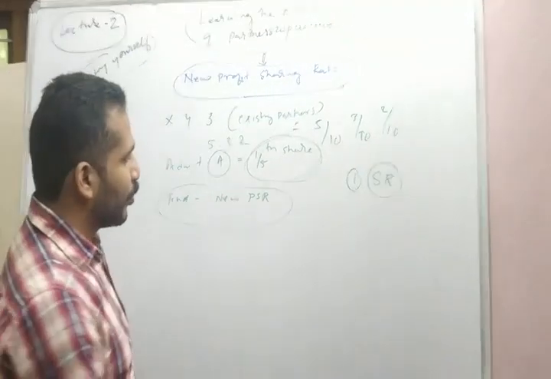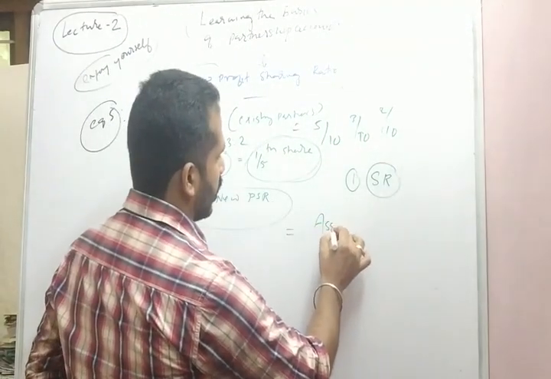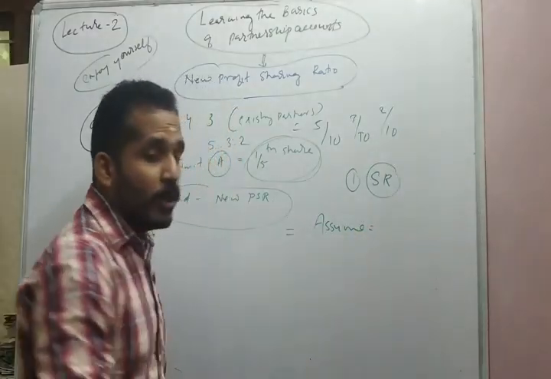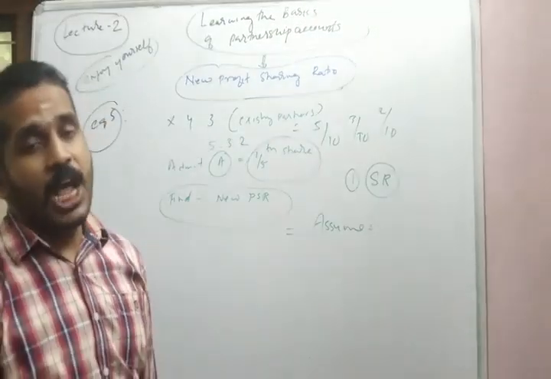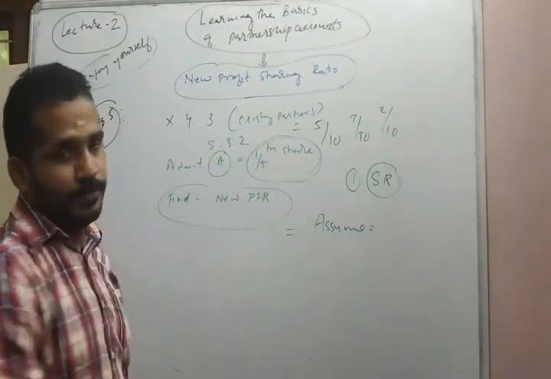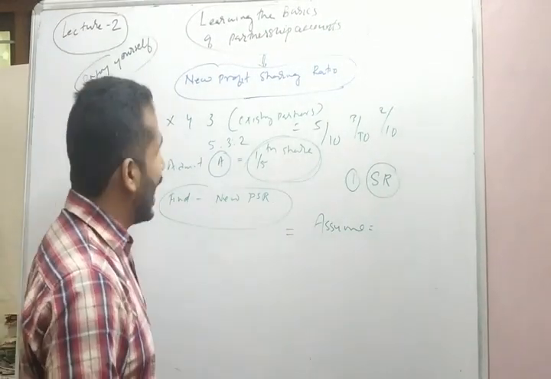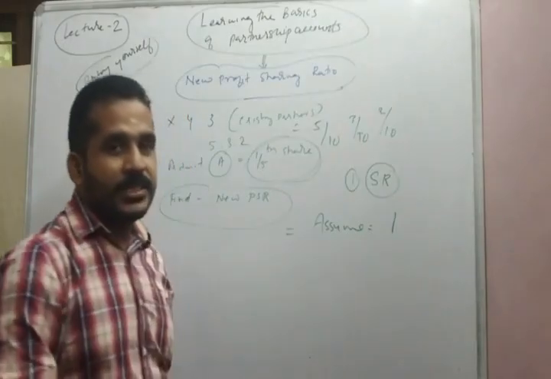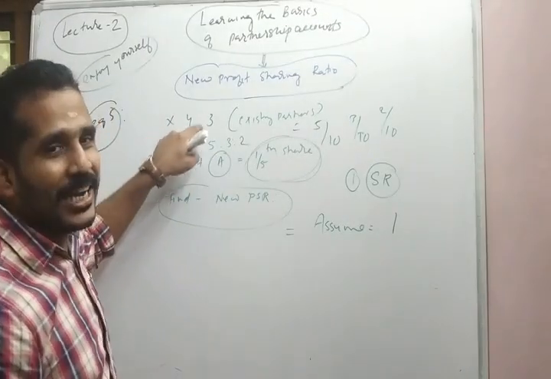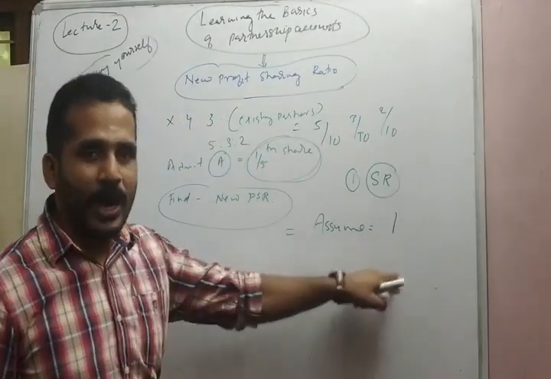Let us see this. Assume, students, the total share of the firm after admission of A is 1. That is, the total share of X, Y, Z, and A is 1.